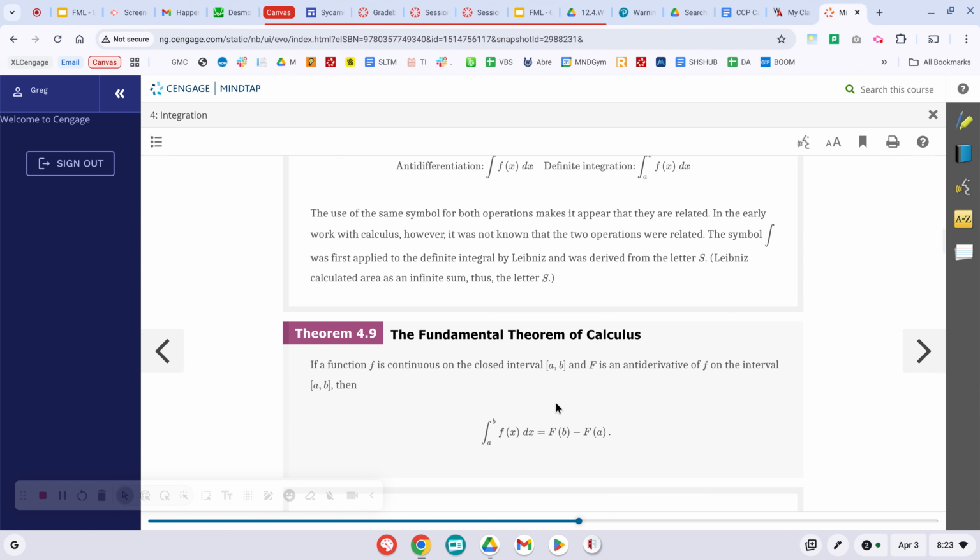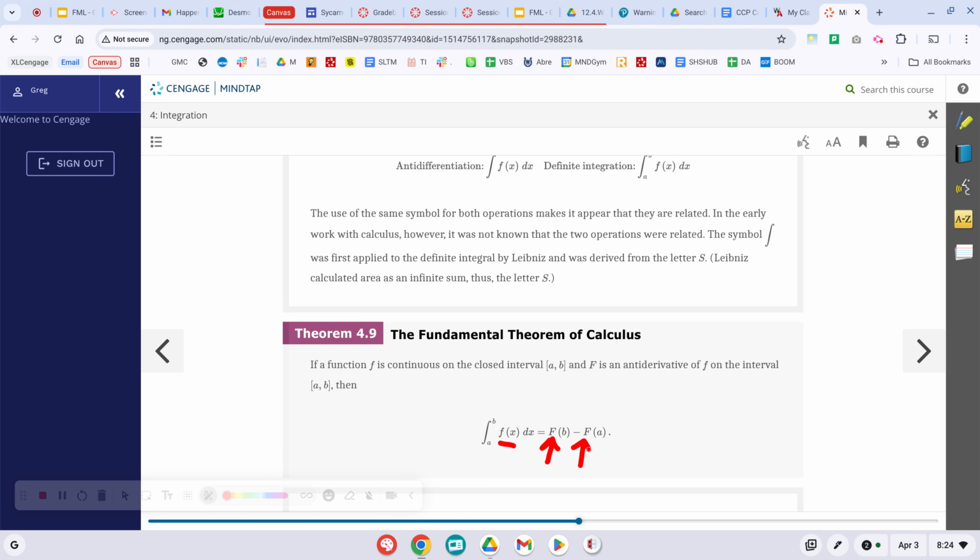Okay, here's the fundamental theorem of calculus. It says that the integral of a function is equal to its parent function. That's the antiderivative. We'll go into that in a second.